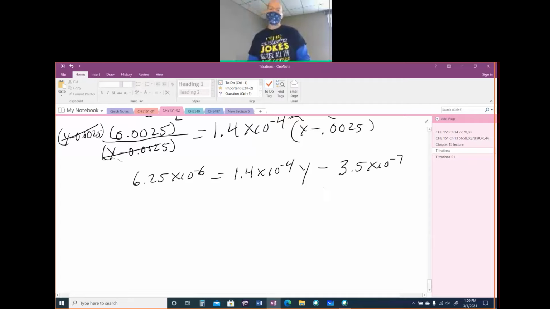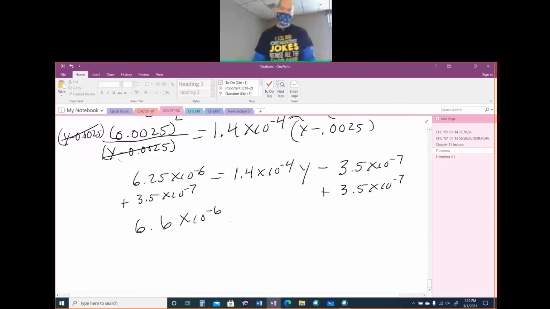All right, so then we have to add 3.5 times 10 to the minus 7 to both sides. And so here we will have 6.6 times 10 to the minus 6 when you add that on your calculator. And that is equal to 1.4 times 10 to the minus 4 y.